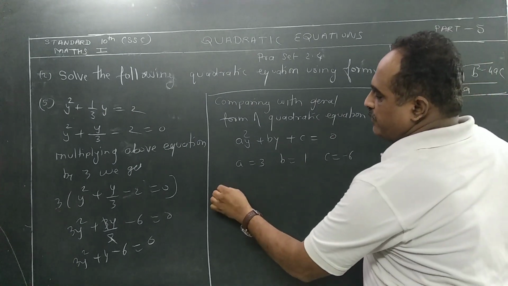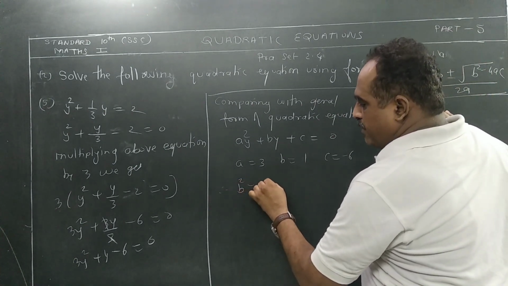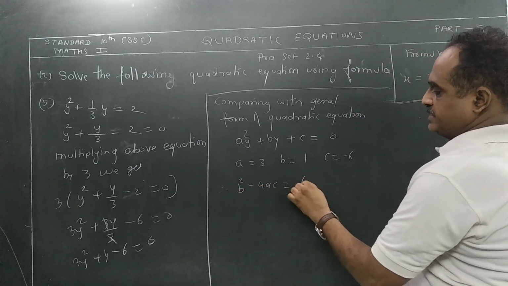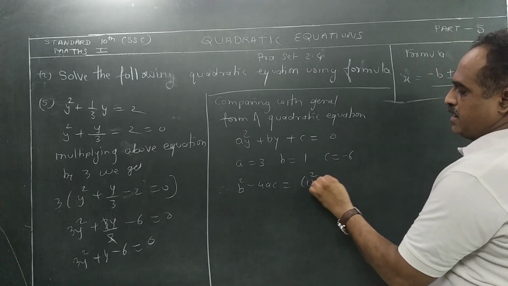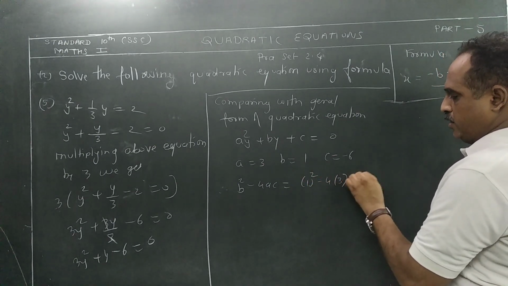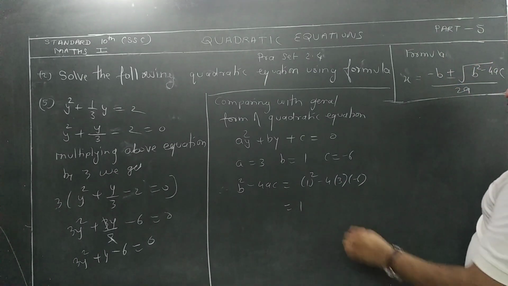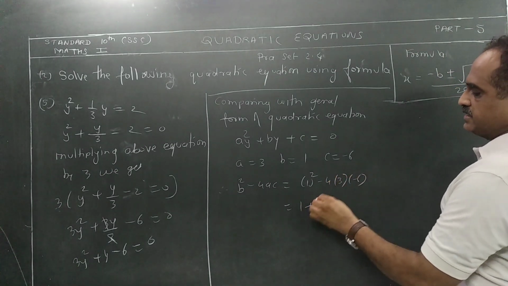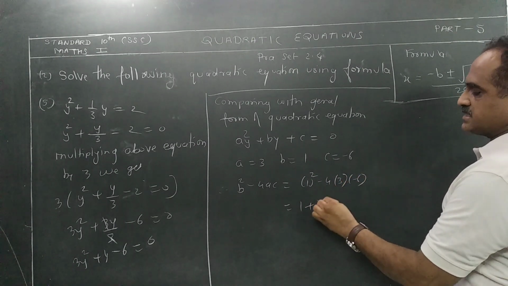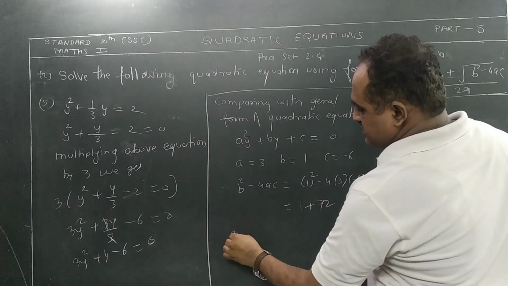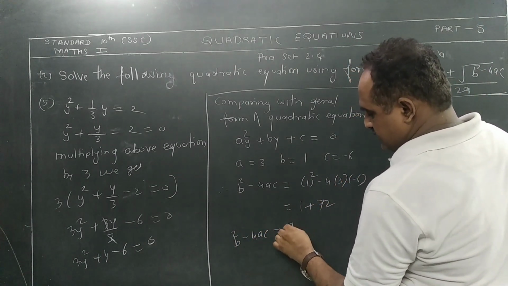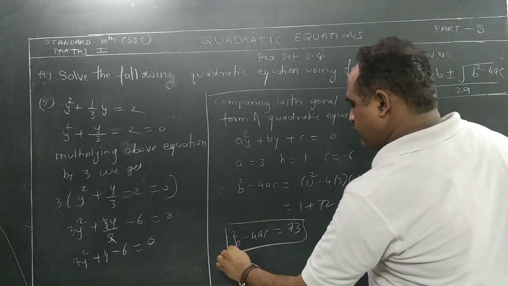And we are going to find out the value of b square minus 4ac. b square is 1 square minus 4 into 3 into minus 6. That is 1 square is 1, minus into minus is plus, 4 3s are 12, 12 6s are 72. So b square minus 4ac is equal to 73.